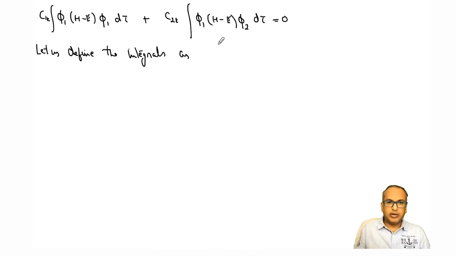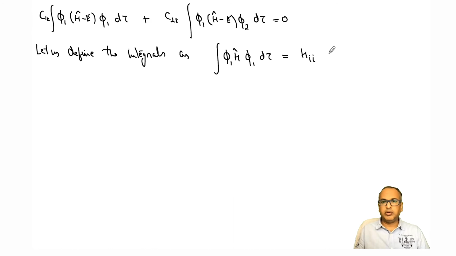If we see here, there will be a term phi 1 h phi 1, because h is an operator that is going to operate on phi 1 and phi 2. So we will have this integral phi 1 h phi 1 d tau, and we will call this HII. In this case, I is equal to 1, where both the indices are the same.